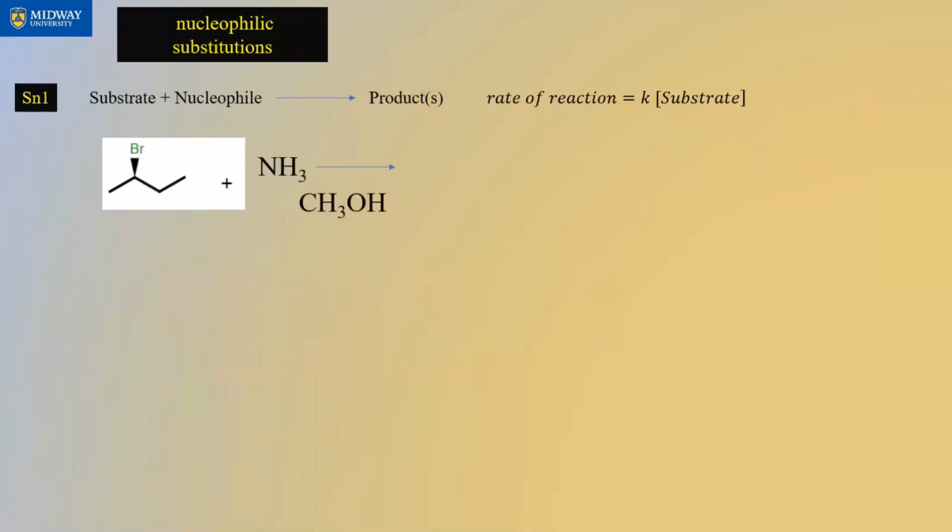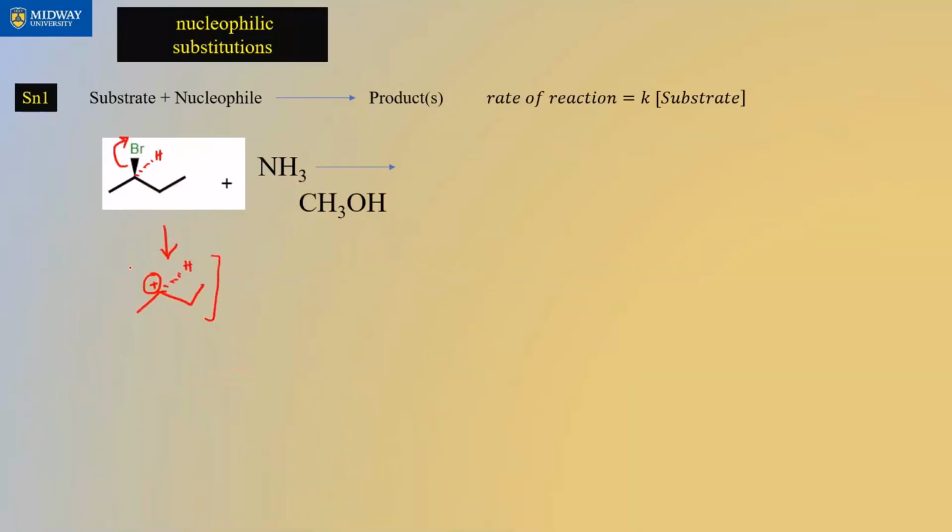I've done one more. Basically, in this case, if it is NH3, this is the only exception, and that's why I chose to address that. Same thing, the Br leaves, resulting in the formation of a plus charge. You still have the hydrogen there.